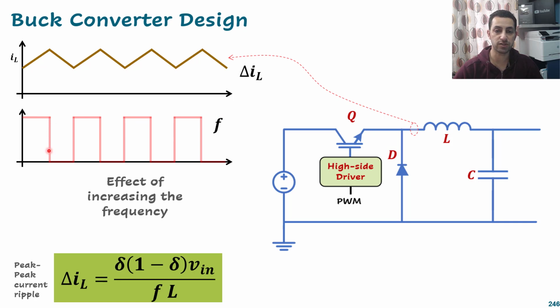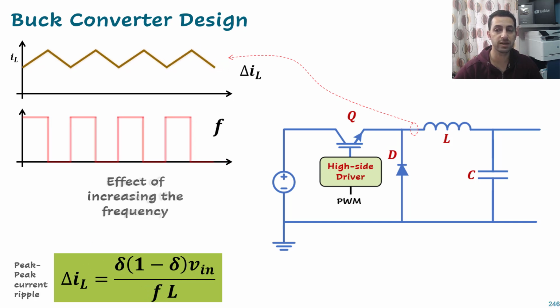This is the assumed frequency applied on the gate of this IGBT, or this switch, and this will change the ripple here, because that part is coming from the on time of that switch, and that part is coming from the off time here and the on time of the diode. The equation tells us that if we increase the frequency, the ripple will decrease.